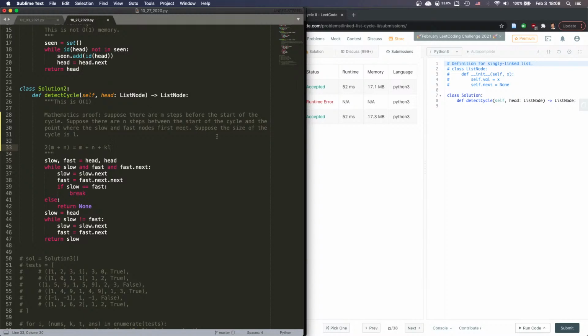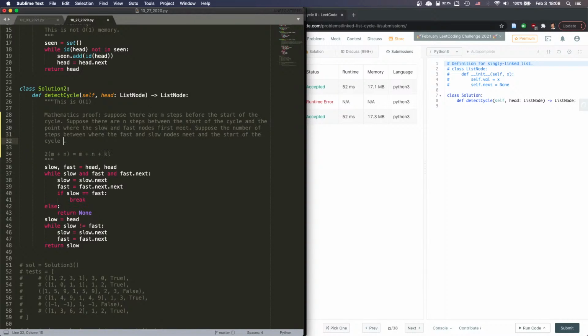Nah, I shouldn't use L. Suppose the number of steps between where the fast and slow nodes meet and the start of the cycle is P. That is, the cycle size L equals P plus N, right? So we can say KL equals M plus N plus K(P plus N).